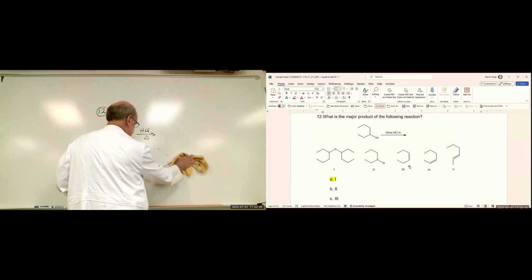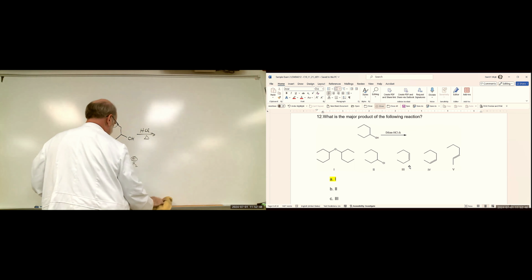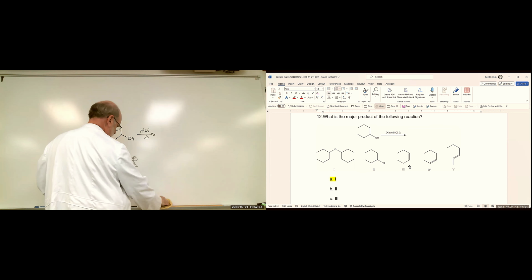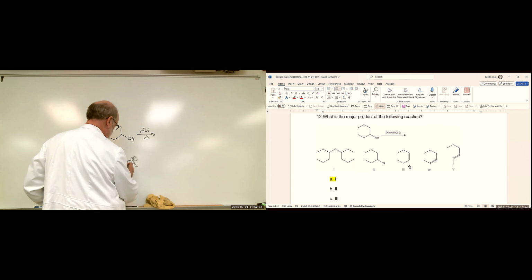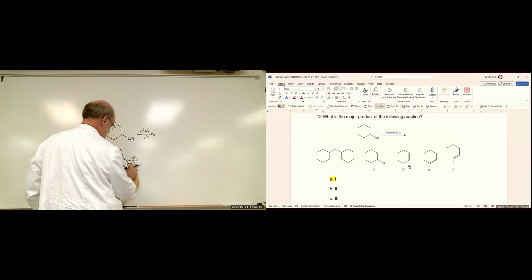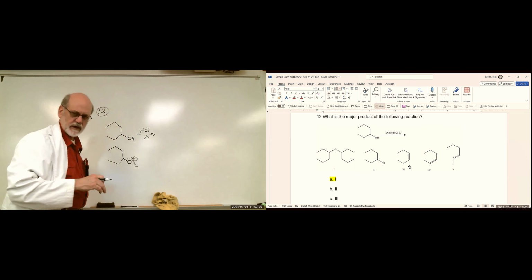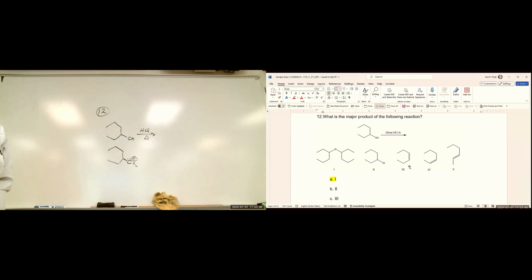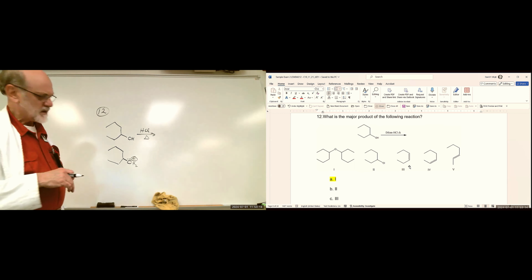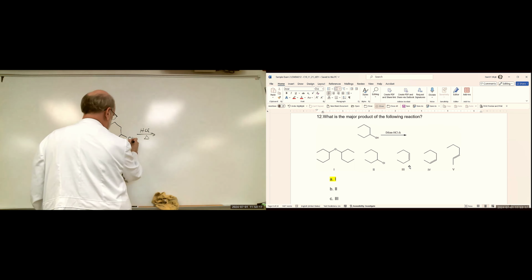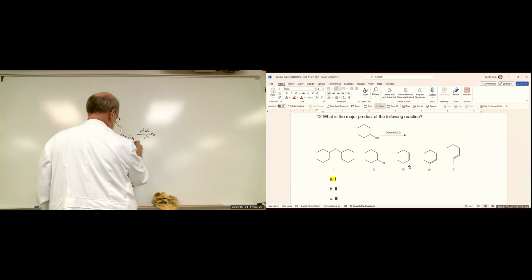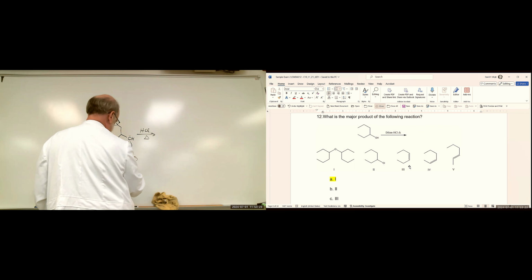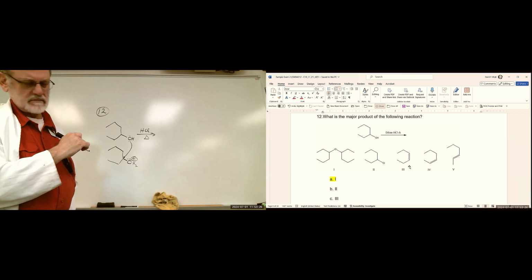All right, here's what it says happens. Proton transfer first. So this was correct; I was on the right track here. Now it's positive. So we get a proton transfer first, and then another one of these attacks that carbon.